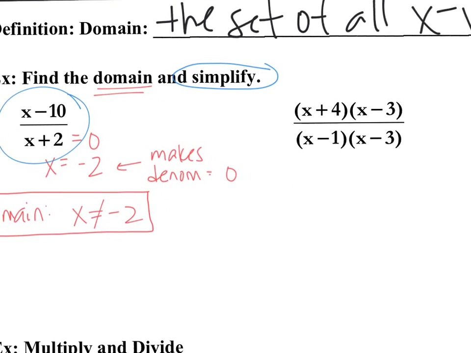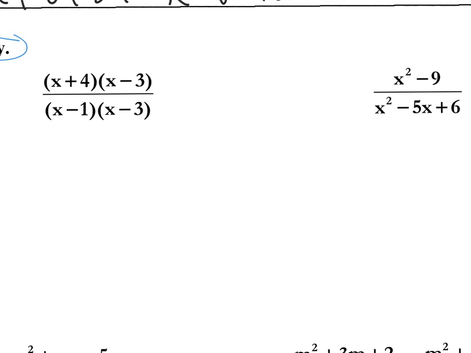If I move over to the second example, I know a lot of you might be thinking, oh, there's something that we can cancel. Yeah, the x minus 3's, those factors can be canceled, that's correct, but we first have to set the denominator equal to 0. When I set this factor equal to 0, I get x equals 1, and when I set this factor equal to 0, I get x equals 3.